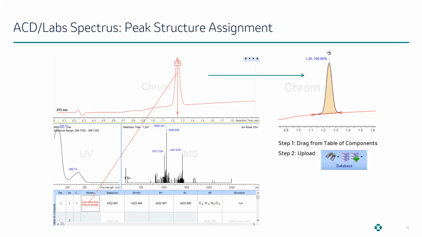So in this case, a component match would be false, but one can easily click and drag the component appearing in the SD file to the peak of interest, and the match switches to true. So during auto processing, one can also add annotations to the peaks of interest, such as saying peak 1 or peak 2.